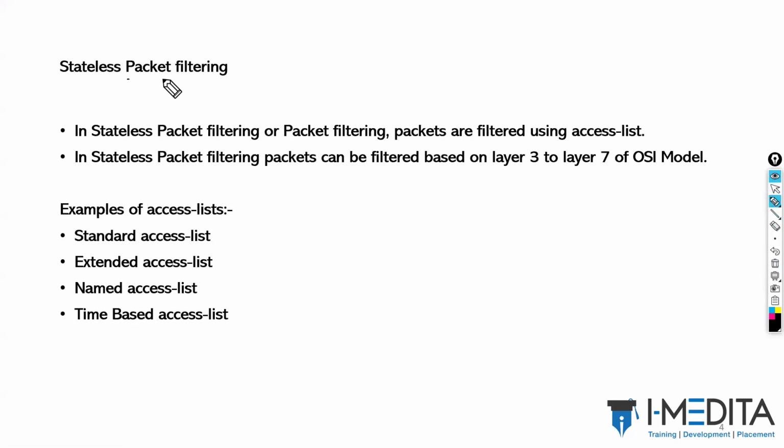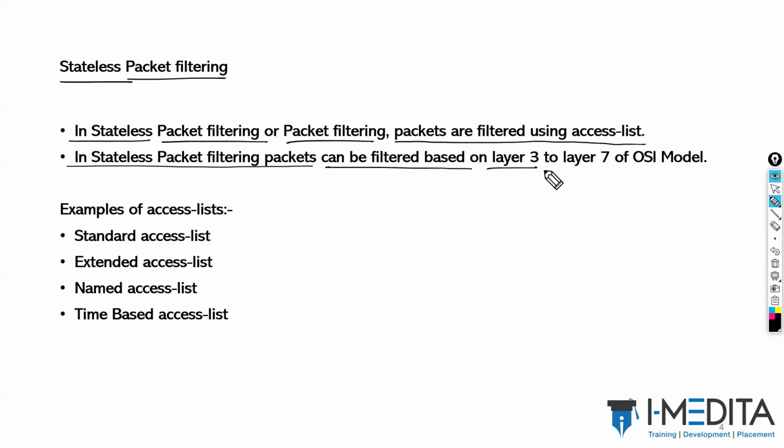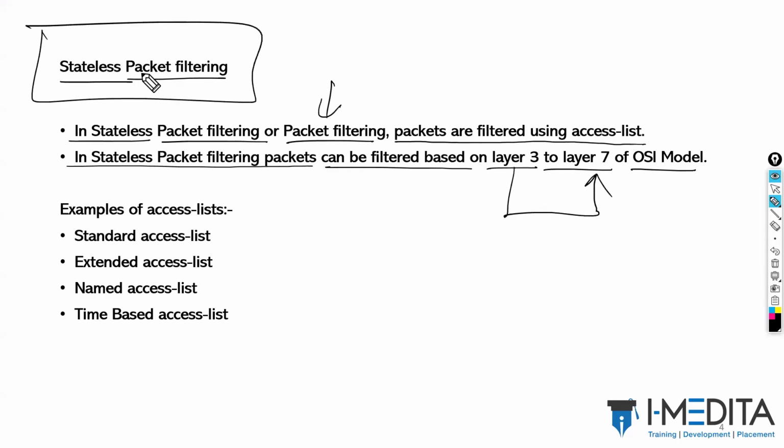First we have packet filtering, or stateless packet filtering. In it, packets are filtered using an access list, and packets can be filtered based on layer 3 to layer 7 of the OSI model. In CCNA you learn how to deploy ACL. With the ACL we can filter the traffic from layer 3 to layer 7, so that is called packet filtering.